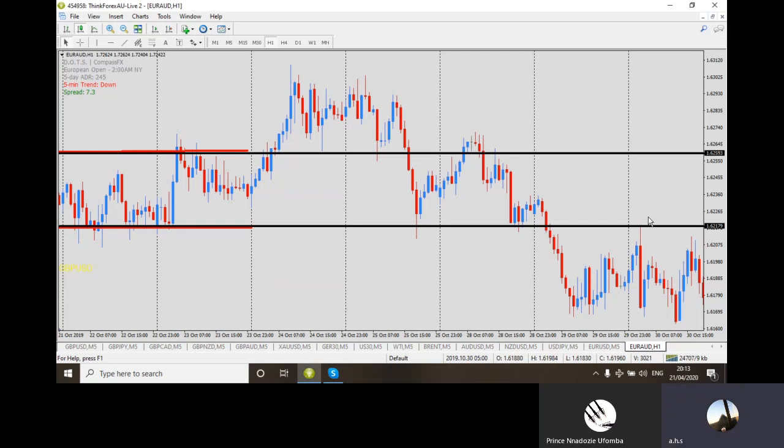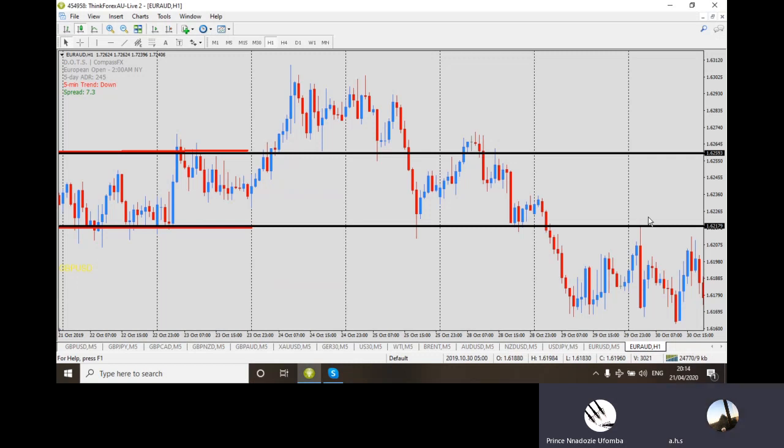Prince, could you come in and say what is your assessment so far on this? Reading the 1 hour candle is a bit difficult for me, but forget the 1 hour candle part. Just looking at that chart, price action, support and resistance, considering the levels up there, I expect the candles to hit the level.